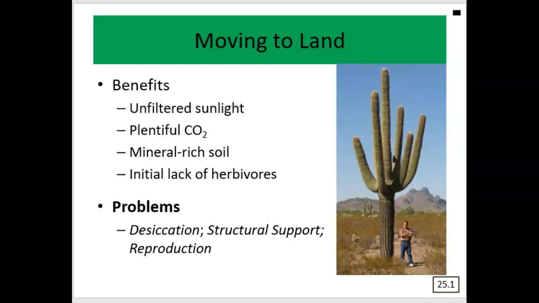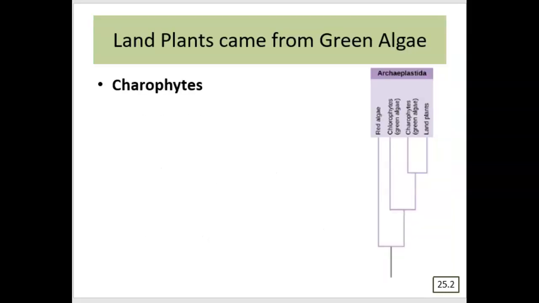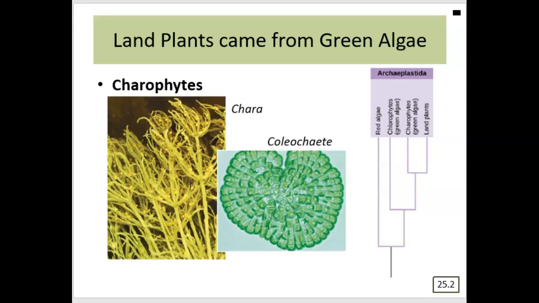Now, as we talked about, land plants have the closest relatives in the charophyte green algae. And in fact, there's a couple of species of charophyte green algae that seem really similar to modern land plants and may be representative of what those first plants would have been like. On the left, we have one called Chara. On the right, we have one called Coleochaete.